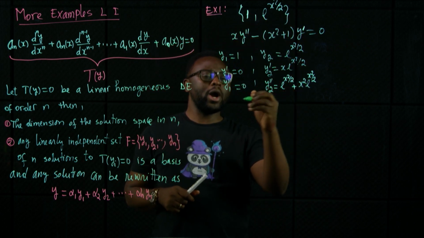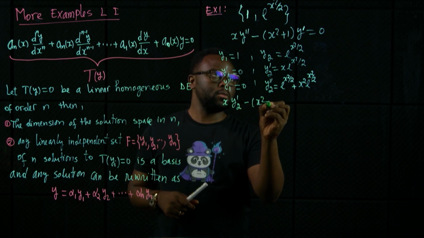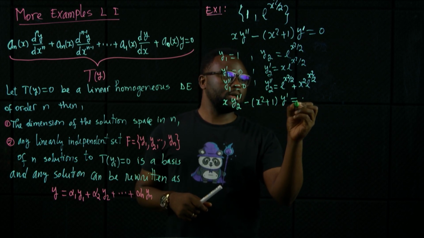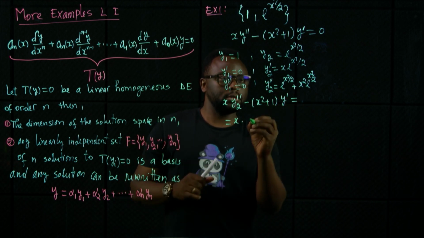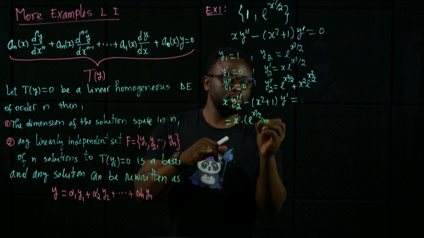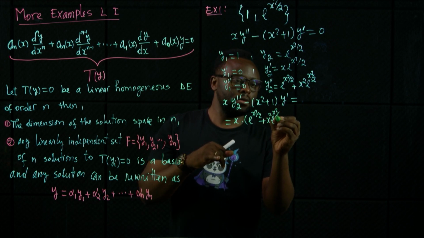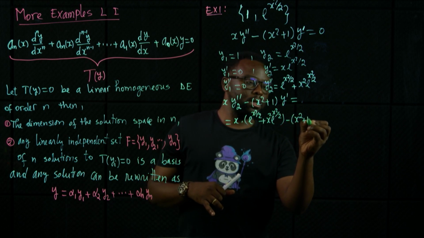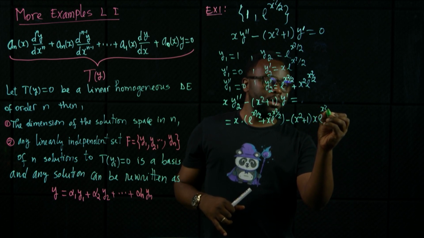For the second one, y2, this is x times y2 double prime minus (x squared plus 1) y2 prime equal to 0. So if we substitute this, let's continue here and see. This is x times e to the power x squared over 2 plus x cubed times e to the power x squared over 2, minus (x squared plus 1) times the first derivative, which is x times e to the power x squared over 2.